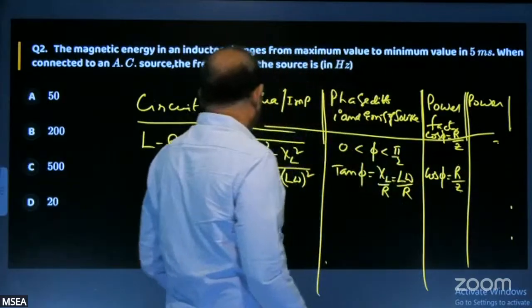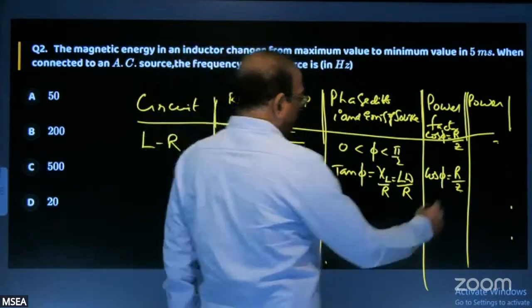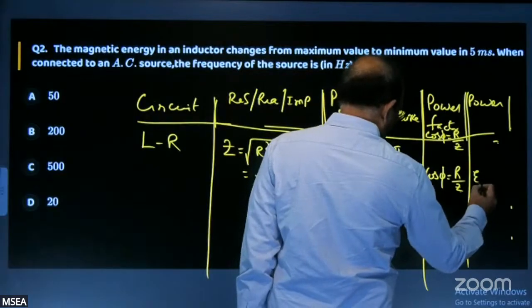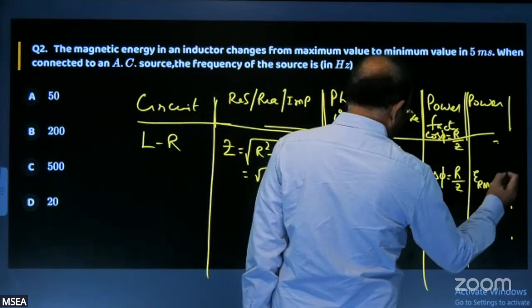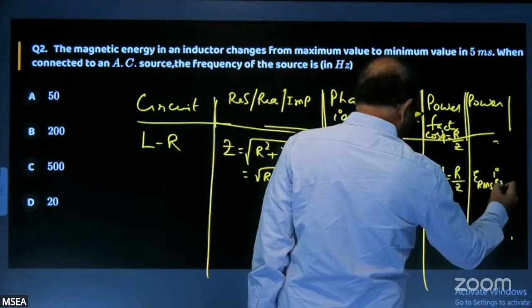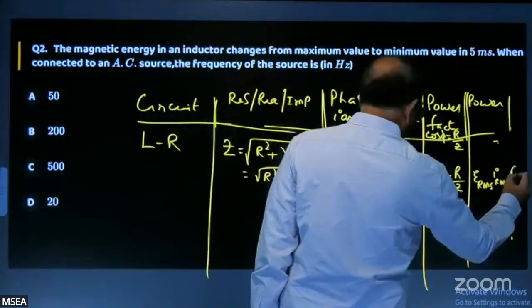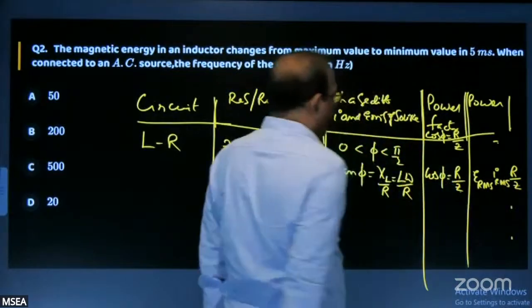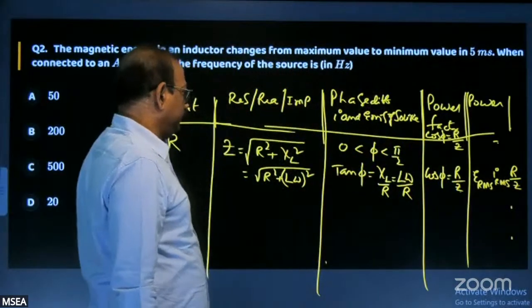Average power is ERMS into IRMS into cos phi, R by Z.